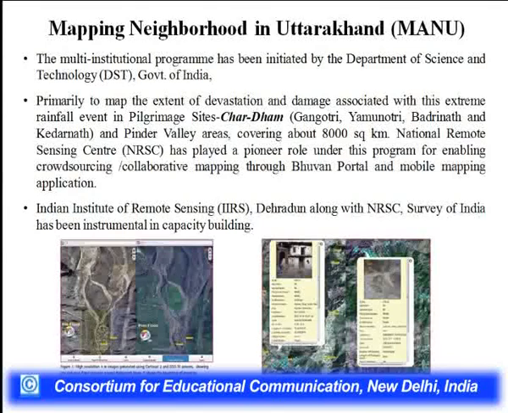I would like to put before you a very important initiative, mapping the neighborhood, taken in Uttarakhand. That is a very important program. After the Kedarnath tragedy of 2013, I think it is 2013, they started mapping the neighborhood.